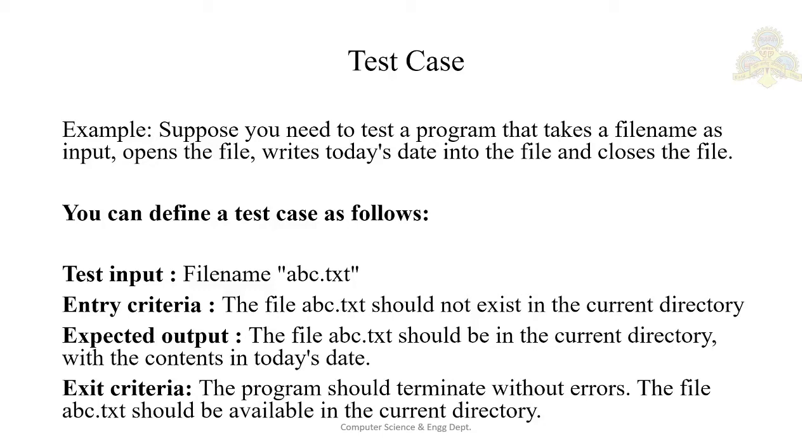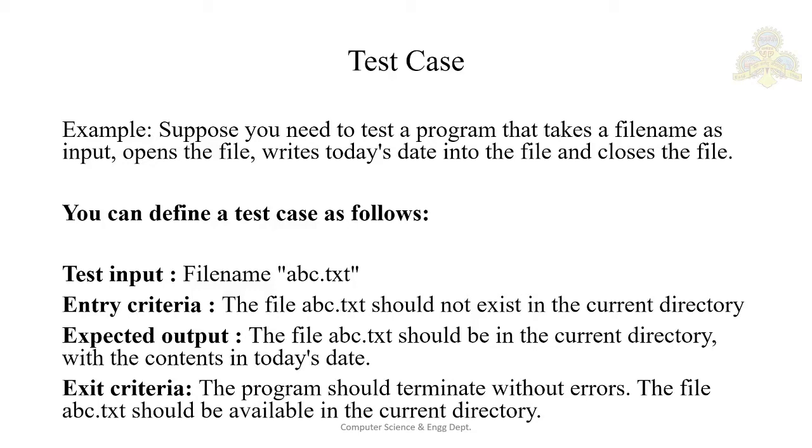Right? So first we'll talk about entry criteria. In this example, the entry criteria is, say, that the file abc.txt should not exist in the current folder or directory. This is the situation before giving the input to your program.